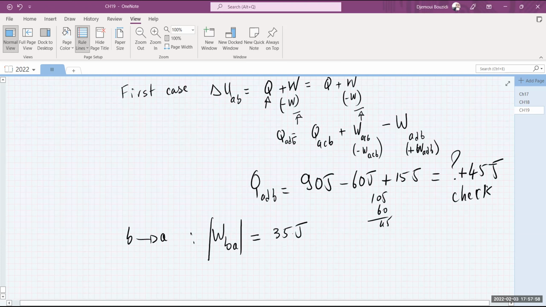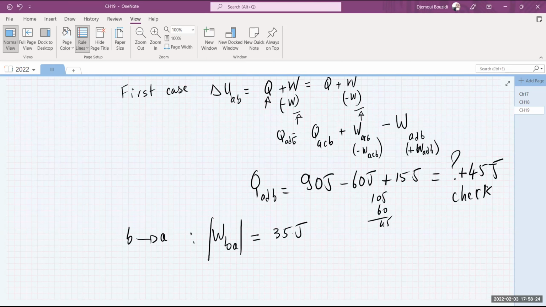They don't tell you if it's positive or negative. Again, we should be able to tell. It's a compression. So we must have done work on it. So this is, according to us, it should be positive. According to the book, they're going to put a negative there, because the environment did work on it, shrunk its volume from VB down to VA.